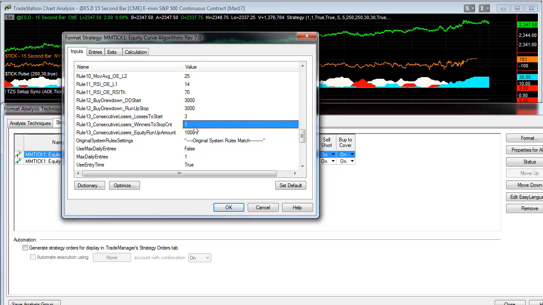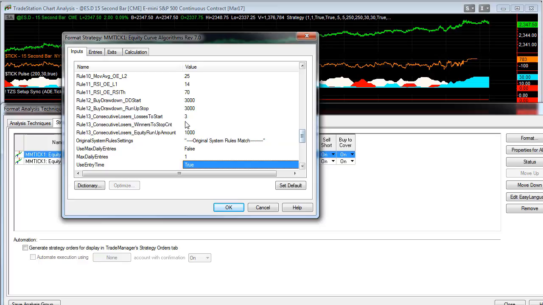You could use winners to stop as 1, but we didn't turn that rule on, so it's not effective. If you use the martingale approach where you double down on each trade, you would get out on one winner to stop, because you're doubling down, and so all you need is 1 winner to make up for all your losers. But we're not using that approach. We're waiting for 3 consecutive losers to start, and then we're waiting for a $1,000 equity run up to stop.